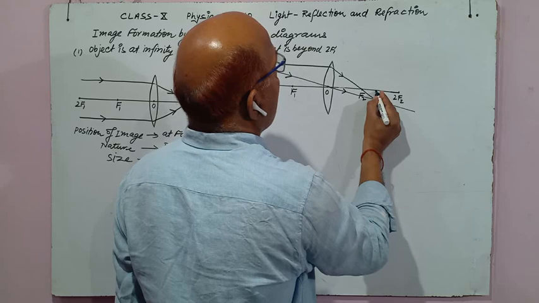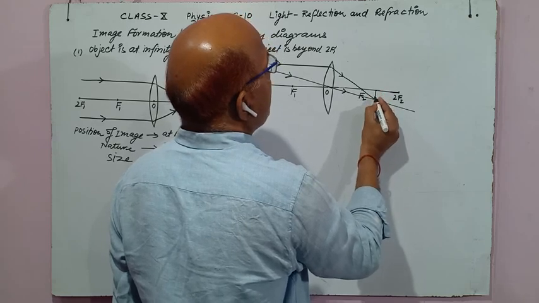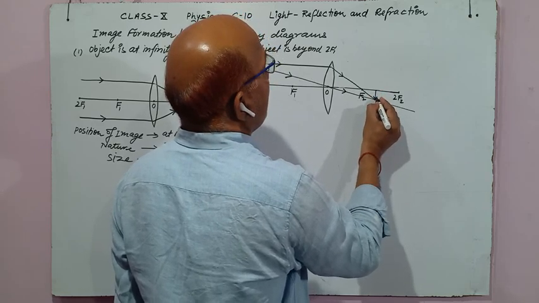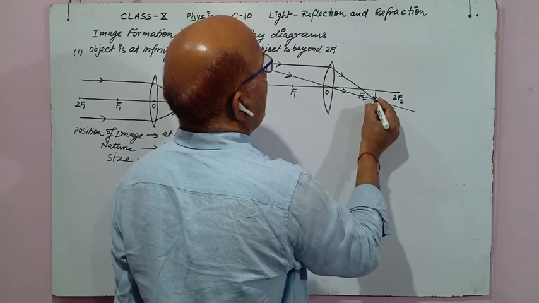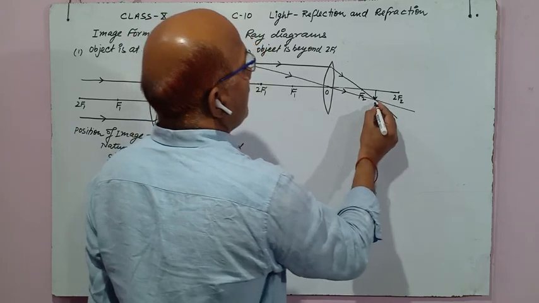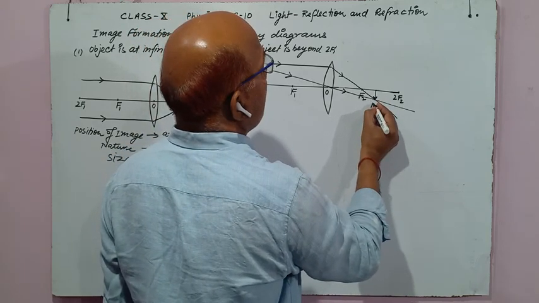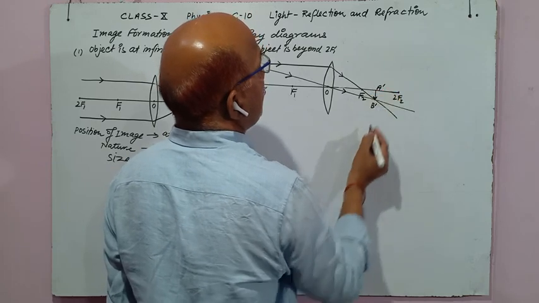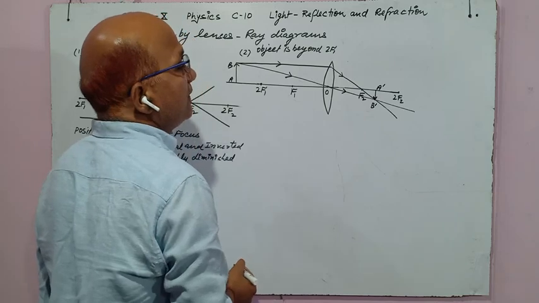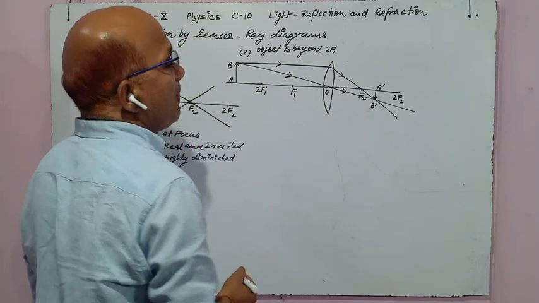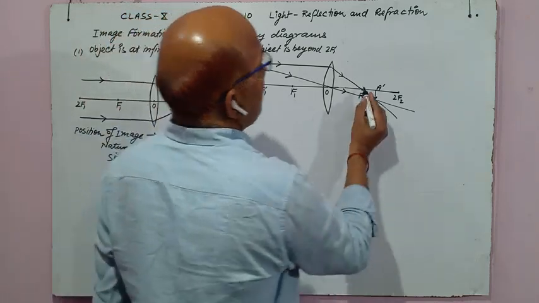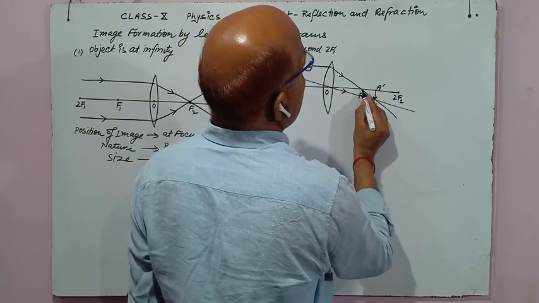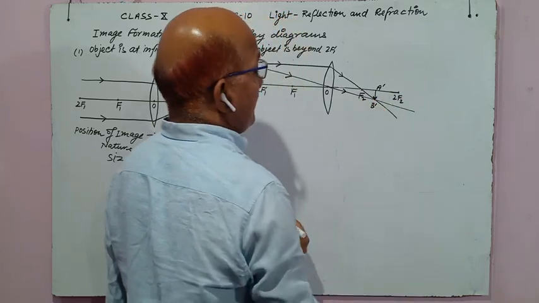So drop a perpendicular from the principal axis. This is the head, it is B dash, it is A dash. So A dash B dash is the image. You can see the image is between F2 and 2F2 in this case.